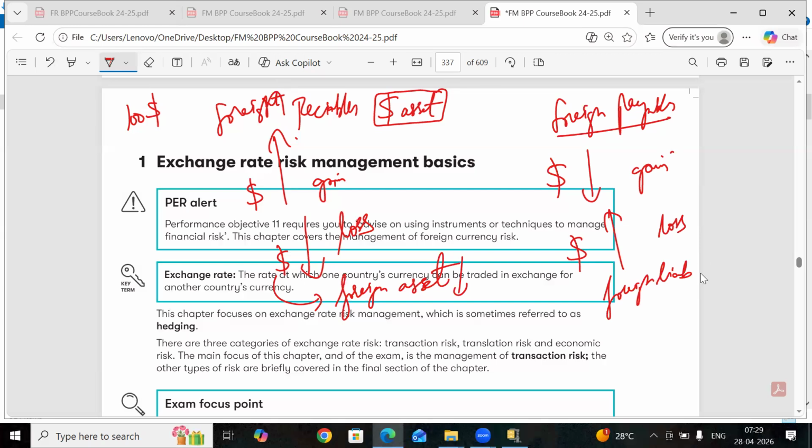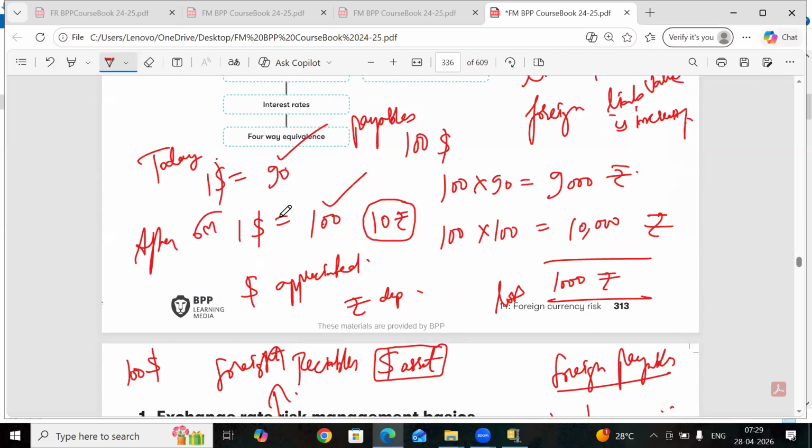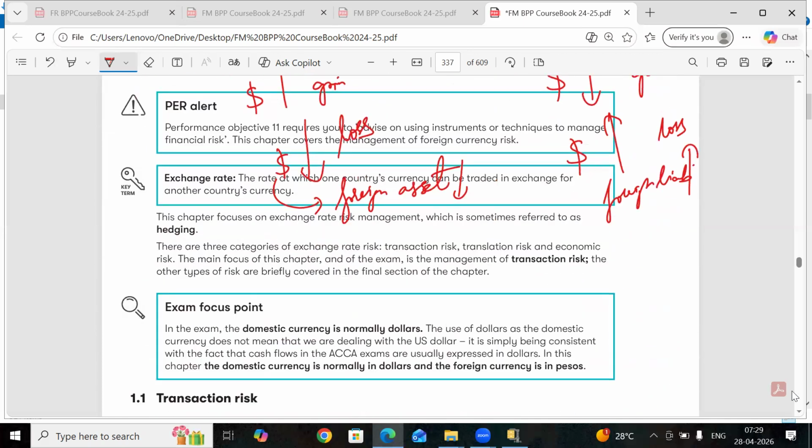Foreign liability: if foreign liability increases, loss. So if, let's say, instead of 100, $1 was 80, we would have paid 8,000. There was a gain for us. 1,000 rupees gain. But here the value has increased. Liability value has increased.